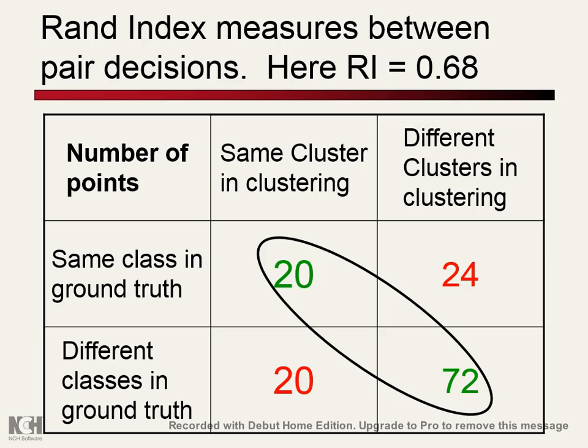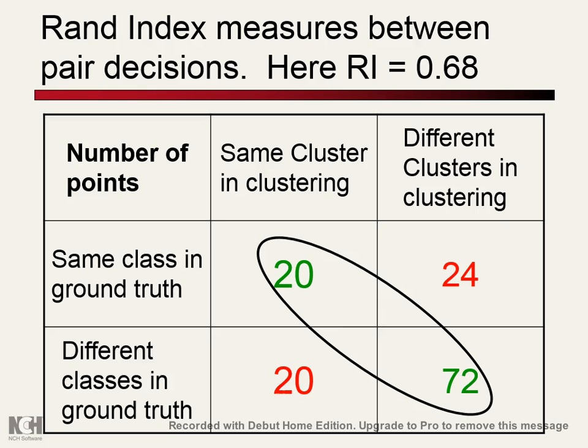There's another evaluation metric called the rand index measure. In the rand index measure, you generate a table and use the table to calculate your index. If your index is higher, it means your clustering result is better. And how do we generate such a table?